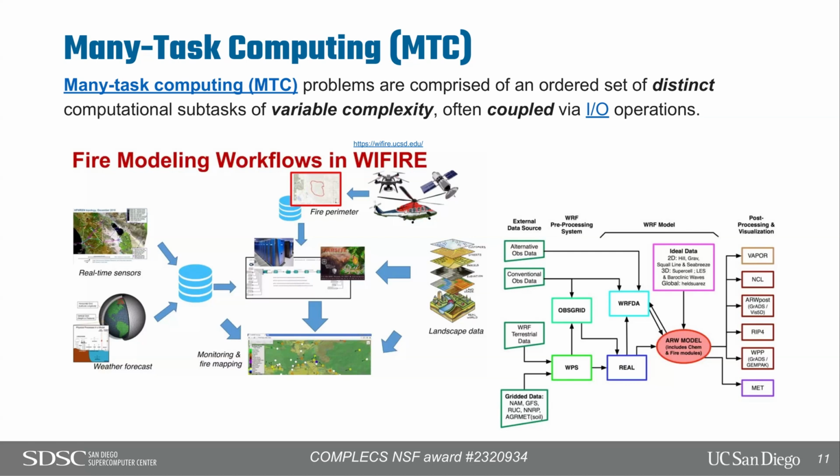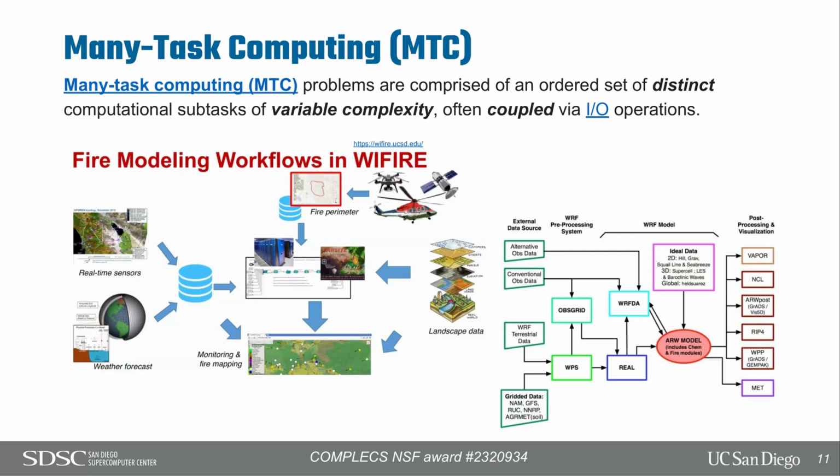And this is even the case with, I'm showing an example here from a group at SDSC that does wildfire monitoring and modeling in real time. And so they have real world sensors and drones and reports from the field versus weather sensors trying to predict the weather and how the weather will affect the fire spread across the landscape.